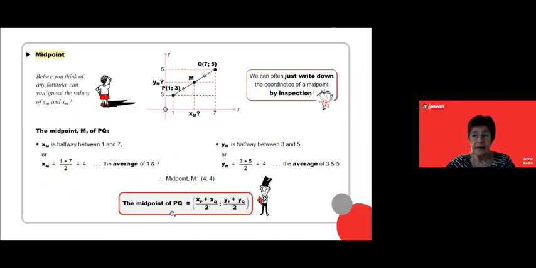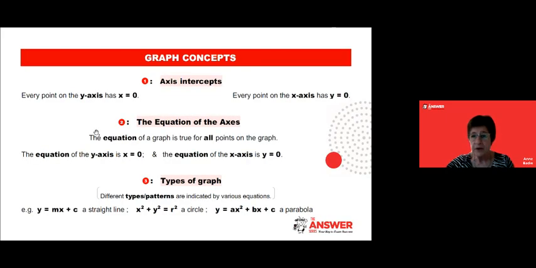The midpoint, seeing there the averages, and again establishing that learners can actually derive these formulae for themselves and have those pluses in place. The graph concepts are really important for learners to revise and study, especially the equations of the axes. The fact that every single point on the y-axis is true for it, is that x equals 0, qualifies x equal to 0 as being the equation of the y-axis.